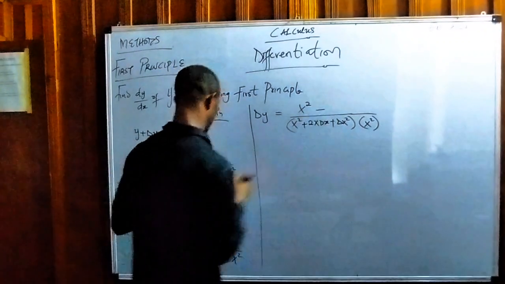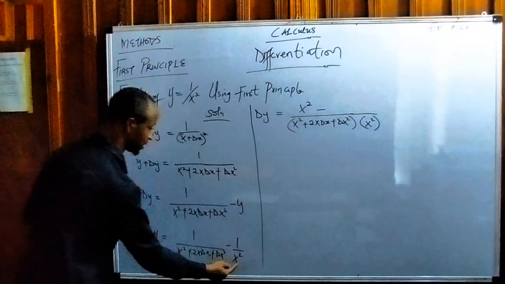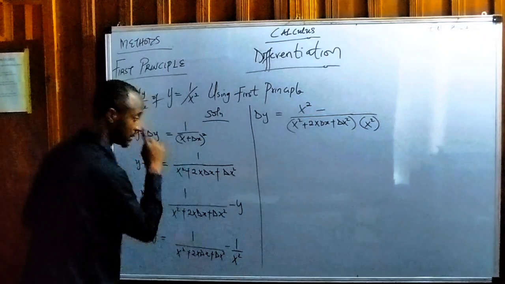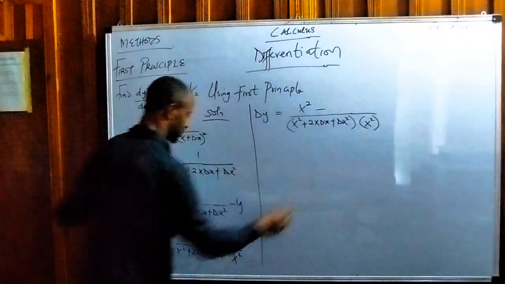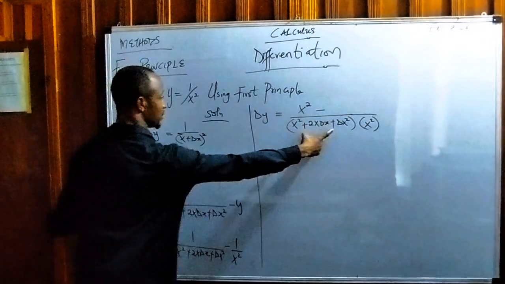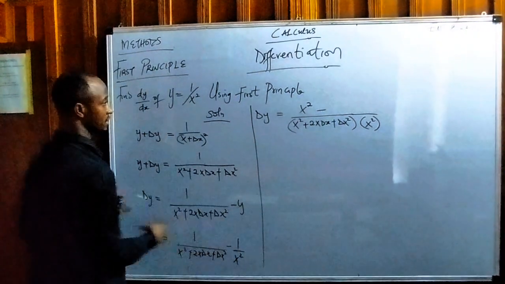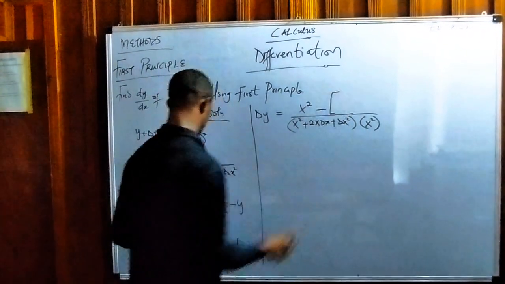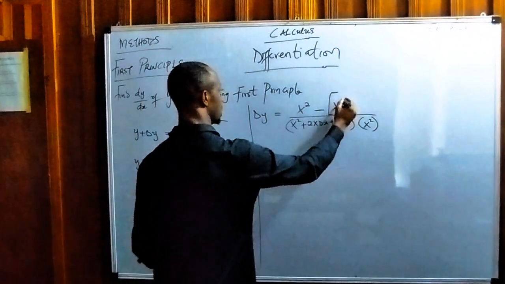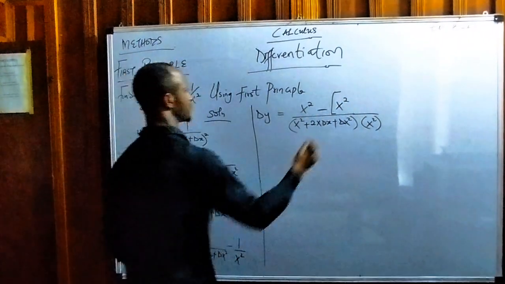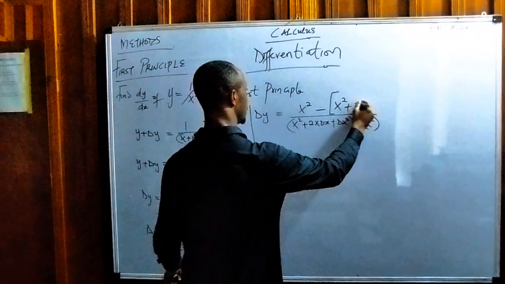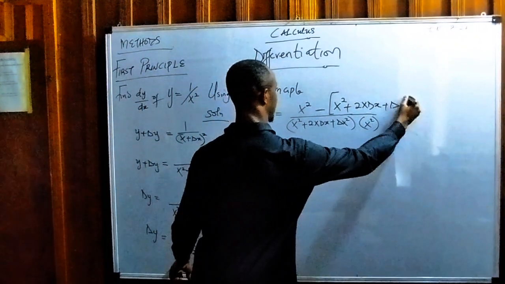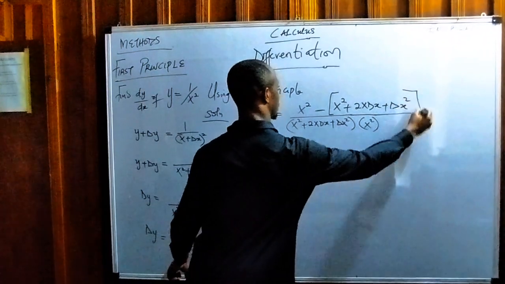Then we have minus, when we divide the whole of this by s squared, s squared cancels s squared, then we are left with this. Then this times minus 1 will give us minus, in brackets, s squared plus 2s delta x plus delta s all squared.